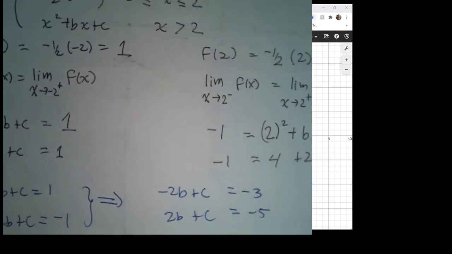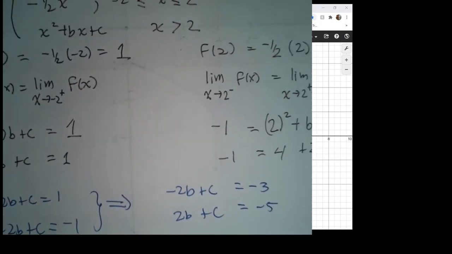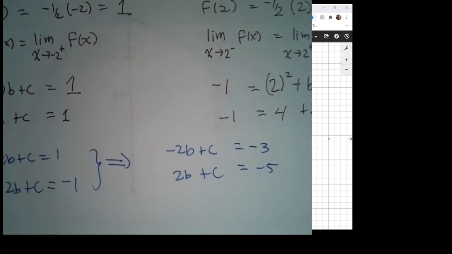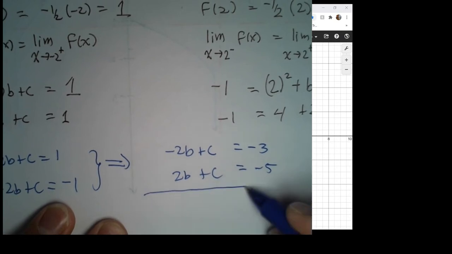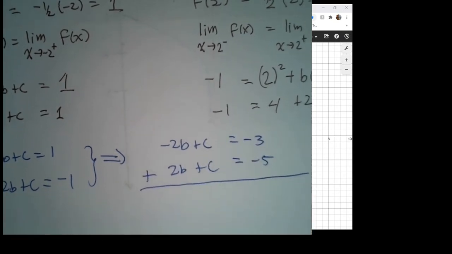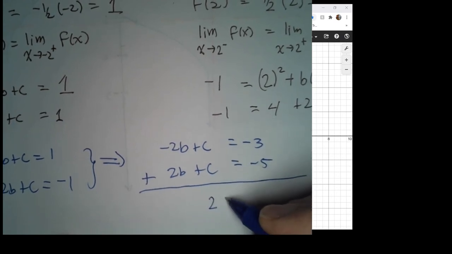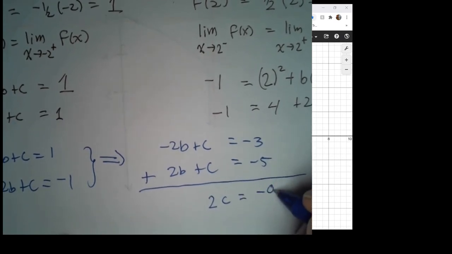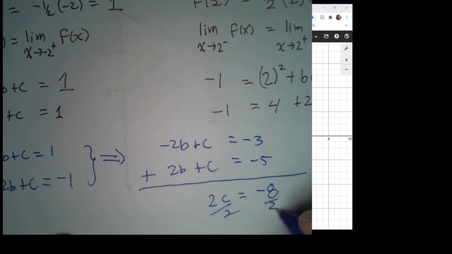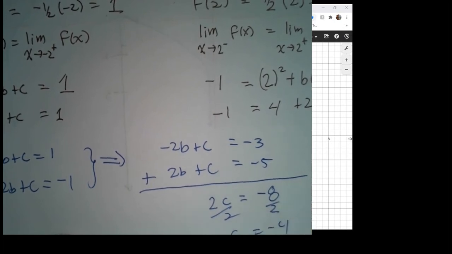Now what I have is a system of equations in the variables b and c. I have 2 equations, 2 unknowns. Perfect, I can solve for b and c uniquely. I can just use the elimination method where I add both of these, and we get 2c is equal to negative 8. Divide by 2, c is equal to negative 4.